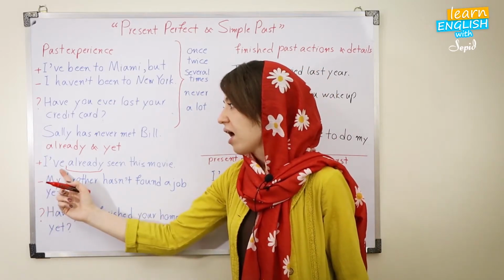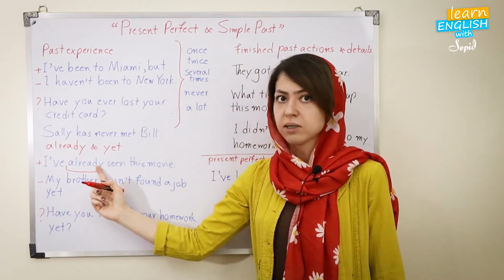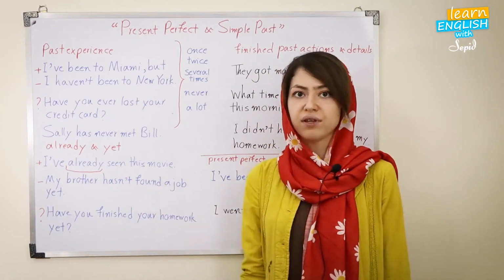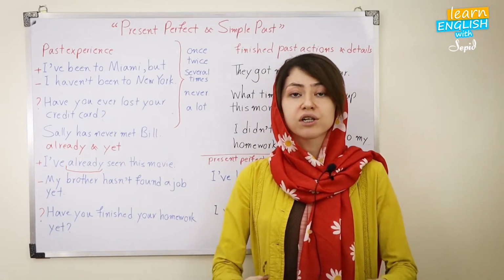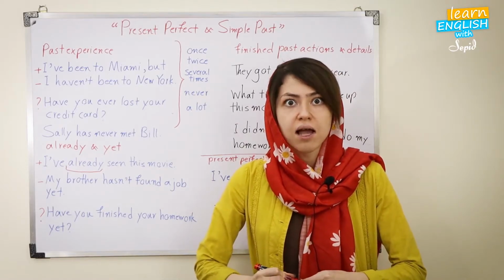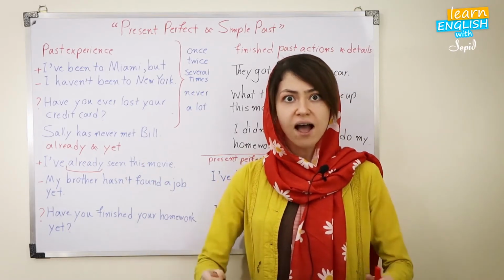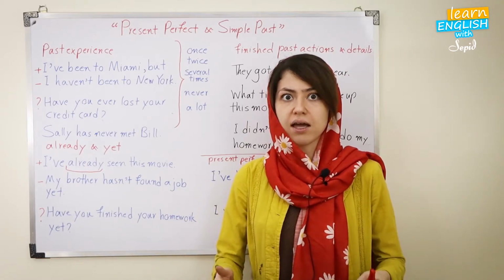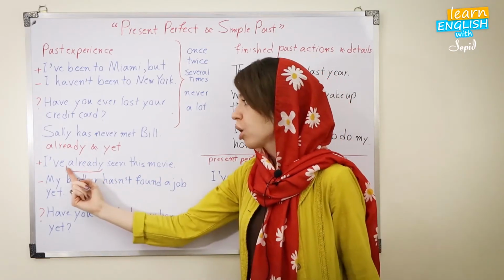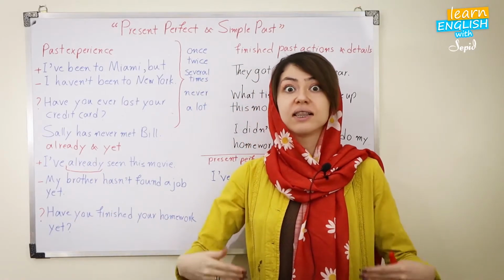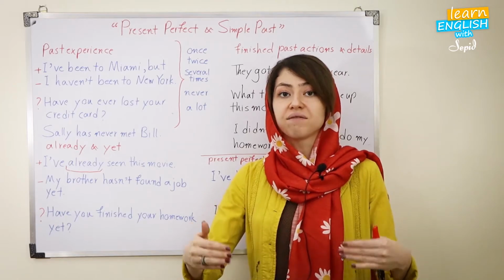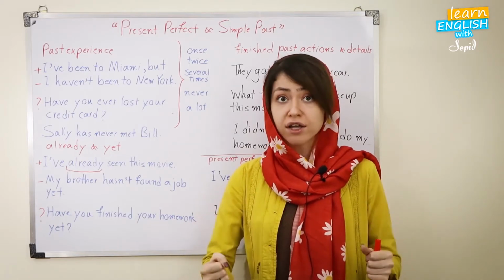So I've already seen this movie, in order to emphasize that I have done this, I exactly did this thing. So you use already in order to claim something, saying something emphatically, strongly.